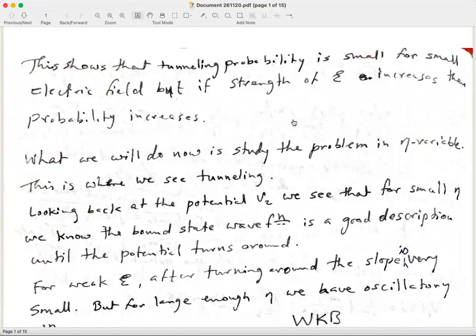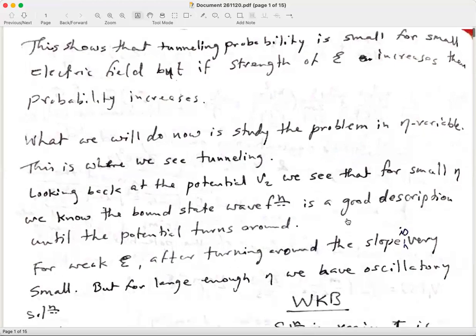We find that if we turn on the electric field in the z direction, then the problem in the xi variable is stable. There is no way that the bound state could ever decay. On the other hand, in the eta variable, there is a tunneling probability.